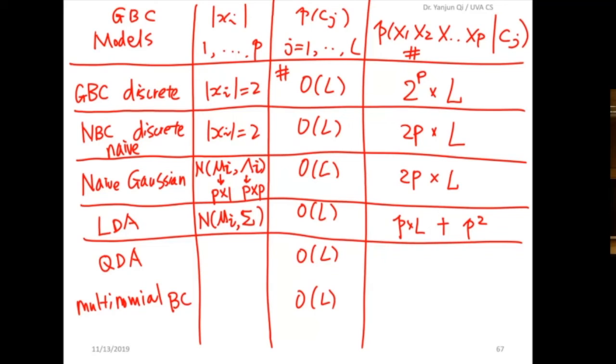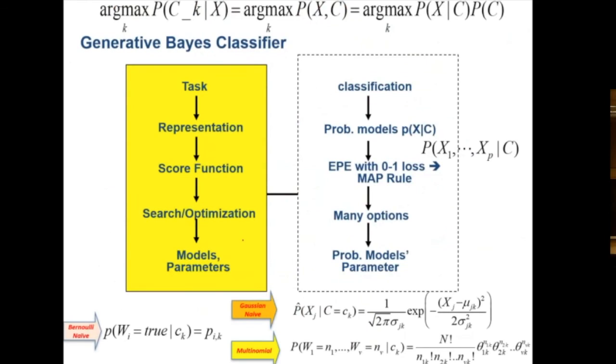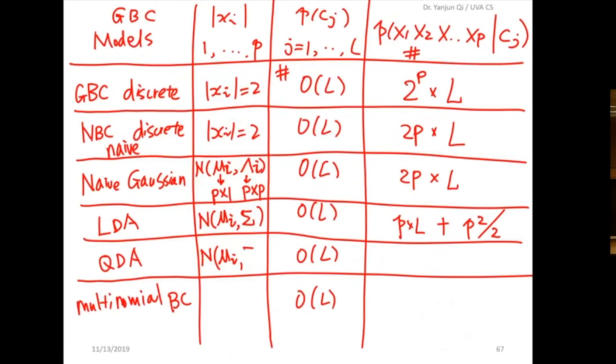So that's p quadratic, of course, because it's a symmetric matrix, that's just over 2. Not completely correct, right? Because the diagonal terms are not overcounted, but that's fine. So in the QDA case, every Gaussian has its own mu and also its own sigma, which makes the number of parameters p plus p quadratic, times L.